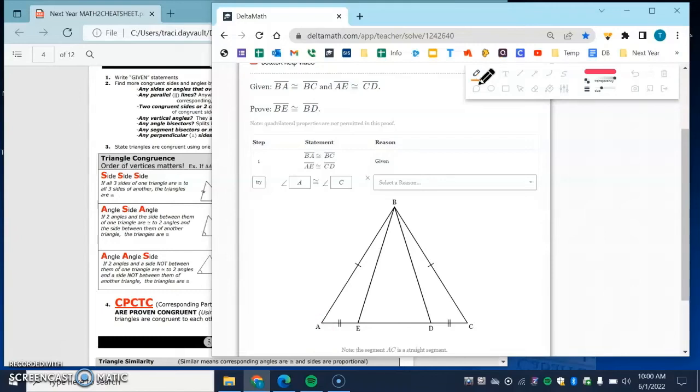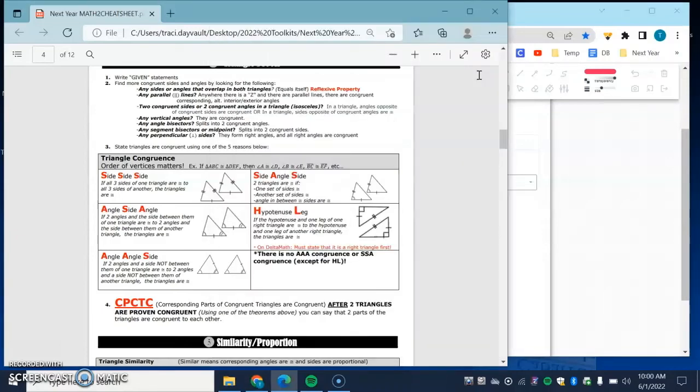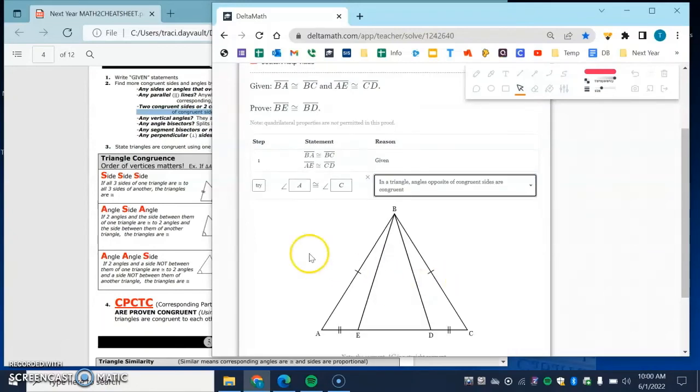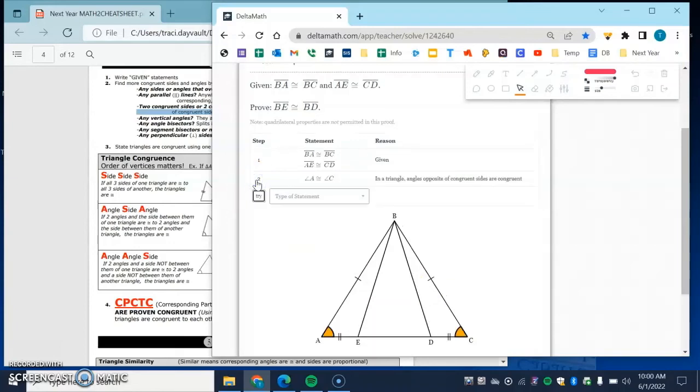Same thing with C. The reason for that is that this is an isosceles triangle, and in a triangle, angles opposite of congruent sides are congruent. That's just in one big triangle. Anytime you have one big triangle, you could state within that triangle there are two congruent angles.